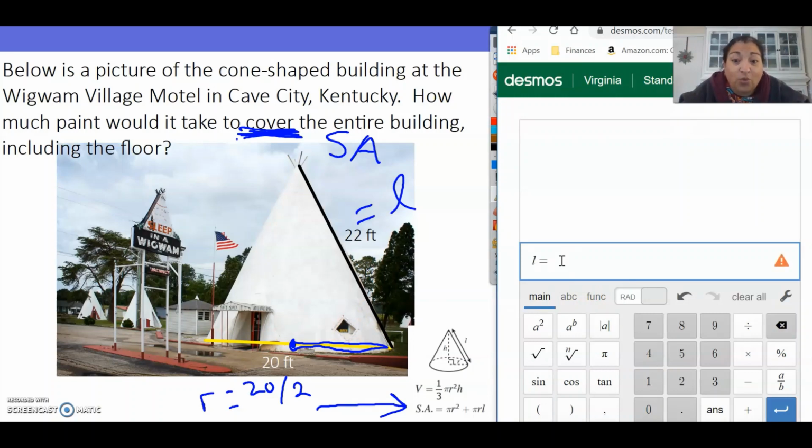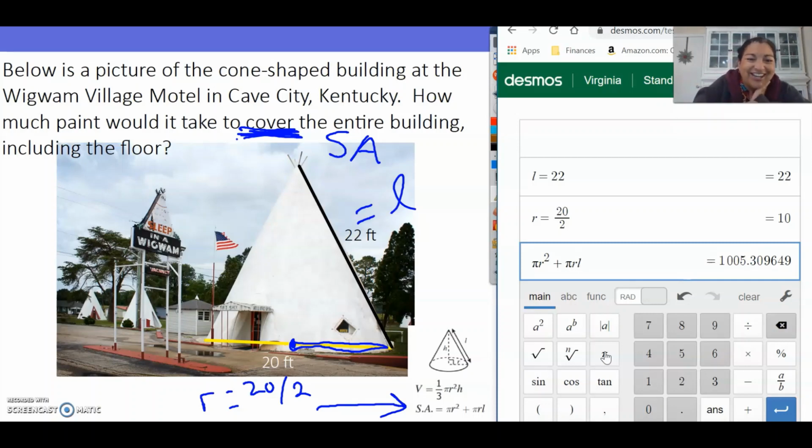So L equals 22. That's our slant height. And our radius equals the diameter, 20 divided by 2. Okay, now let's go to the next slide and let's put in that formula. It is pi r squared plus pi r L. All right, so we would need a whole lot of paint to be able to take care of that.